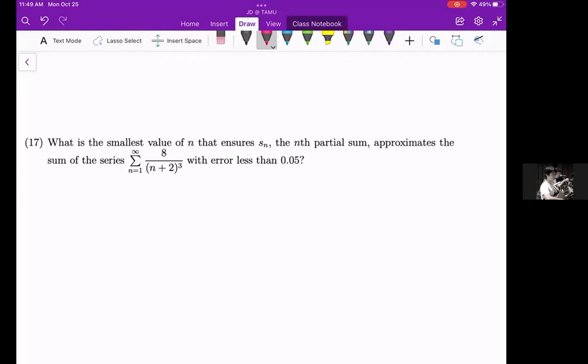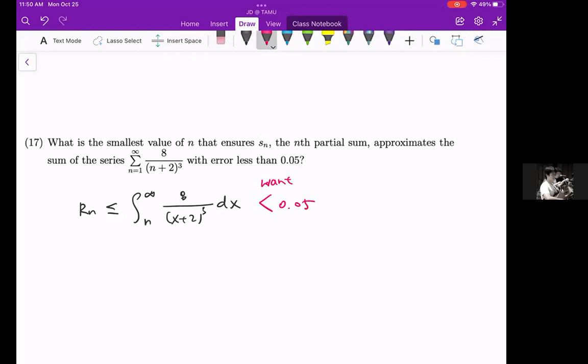So the remainder R_n is always less than or equal to the integral from n to infinity of the corresponding function. This is my target.